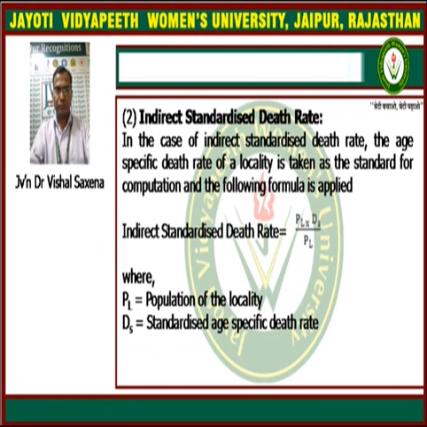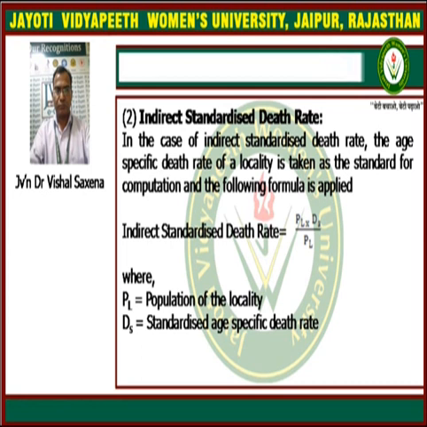And second is indirect standardized death rate. In the case of indirect standardized death rate, the age specific death rate of a locality is taken as the standard for computation and the following formula is applied.